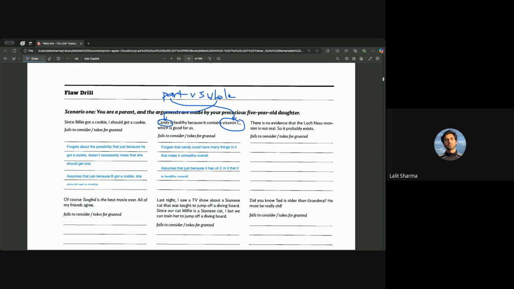Exactly, so absolutely, that's a part versus whole.